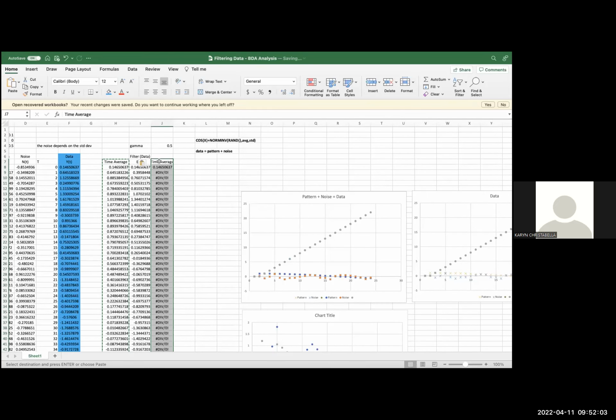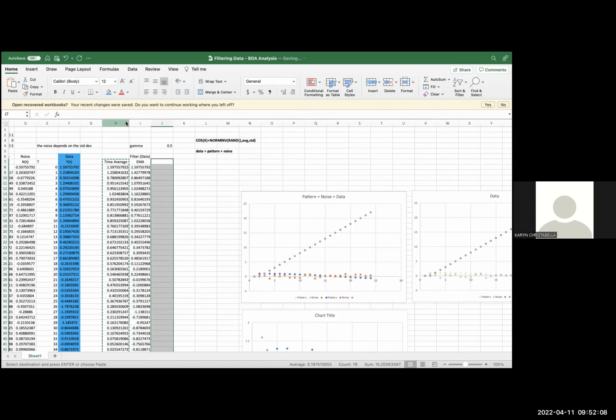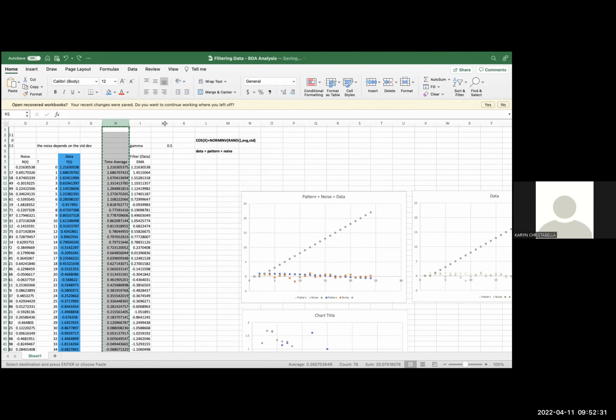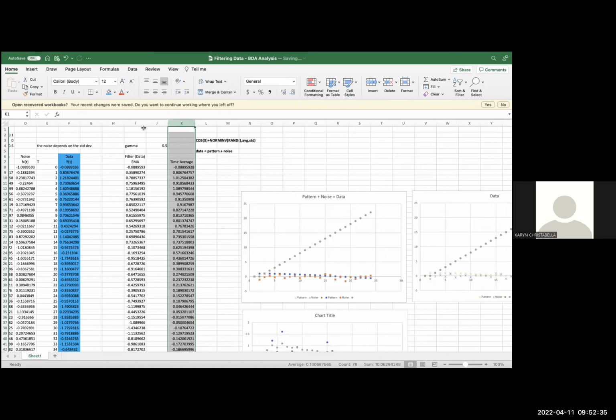Control X, Control V. Only that column. Then move to another column and paste with Control V.